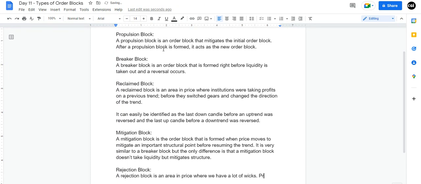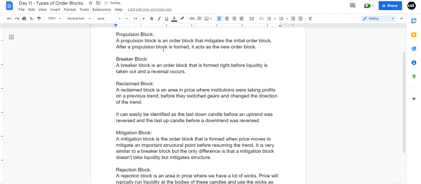Price will typically run liquidity at the bodies of those candles and use the wicks as order blocks to continue the trend.